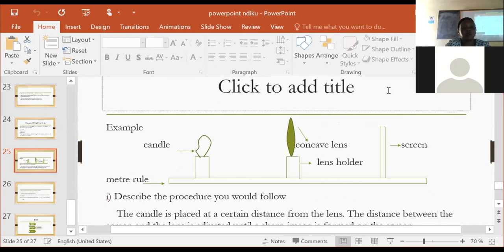Then the distance between the lens and the screen is adjusted until a sharp image is formed on the screen. Here the marking point was a sharp image to be formed on the screen. Not just an image, but the image must be sharp.